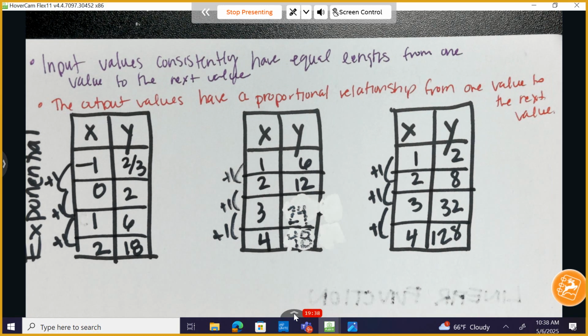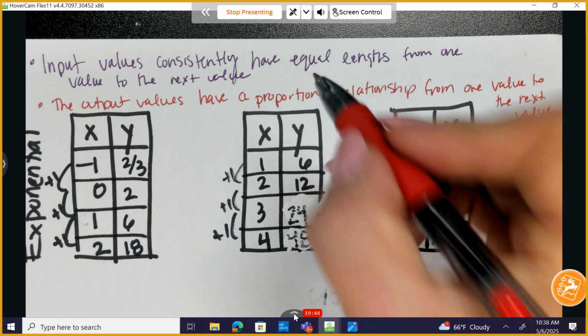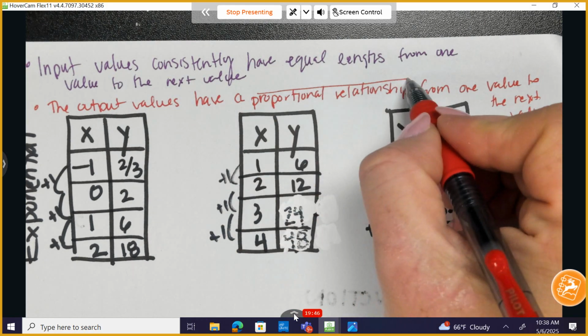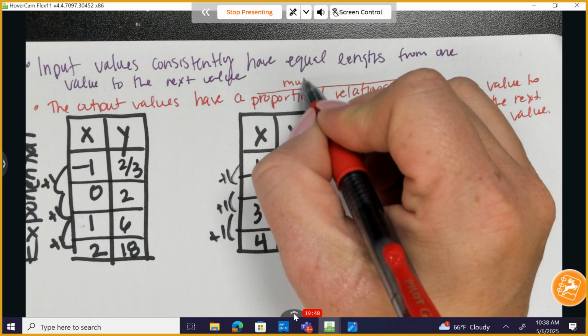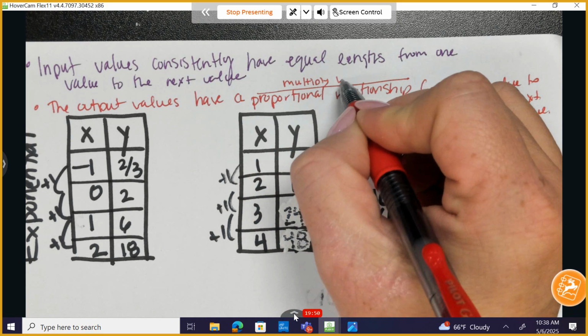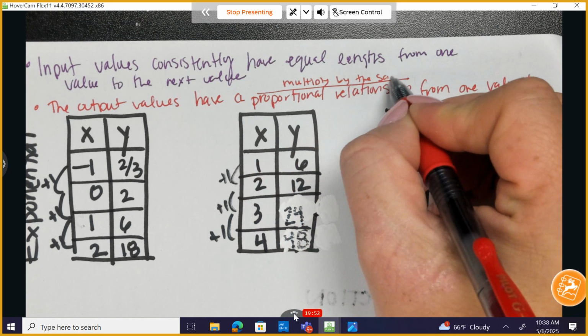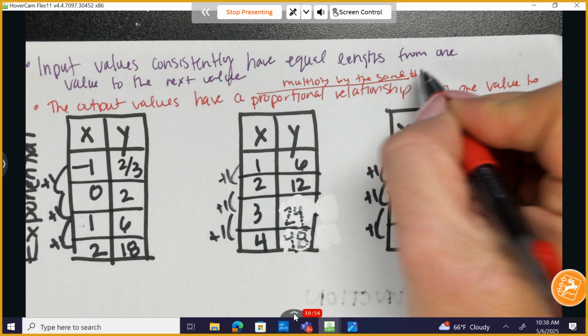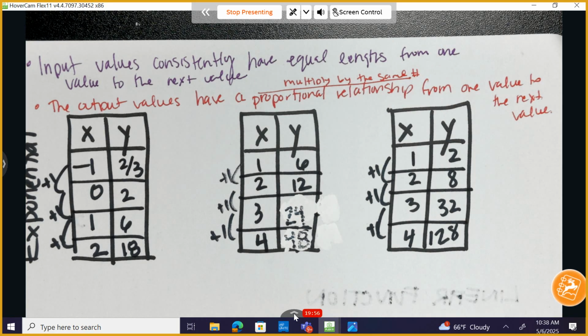Now, this would be natural. You're like, what the heck does that mean? Please go above where it says proportional relationship and just say multiply by the same number.